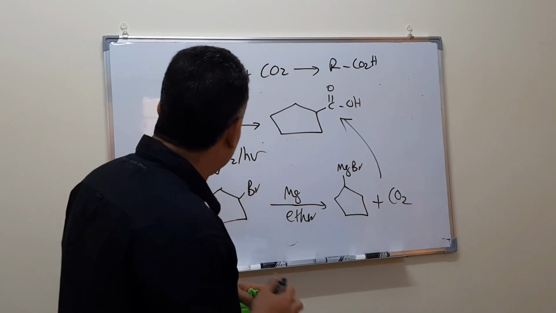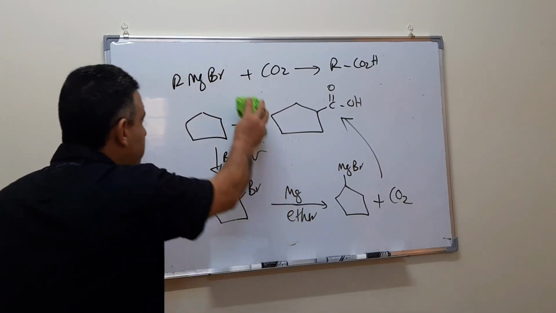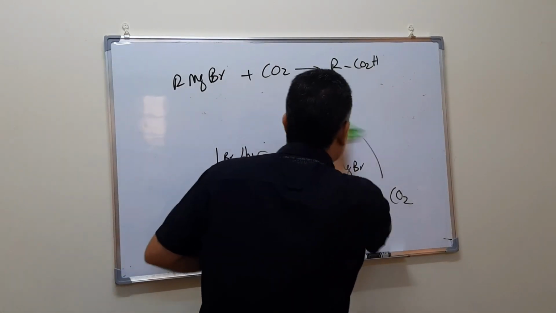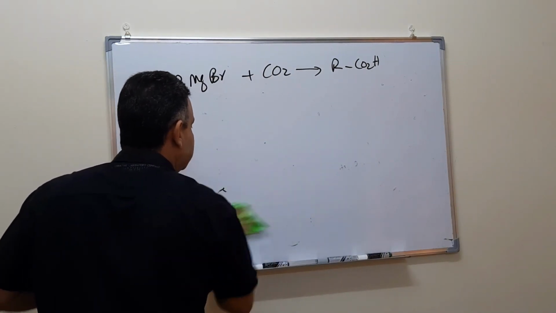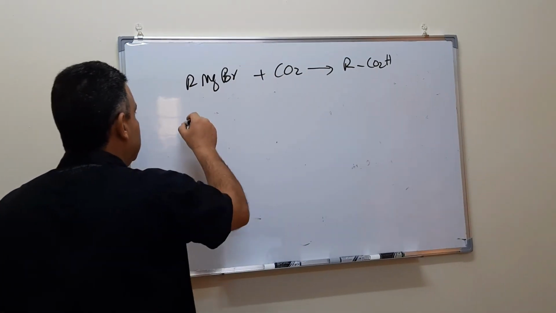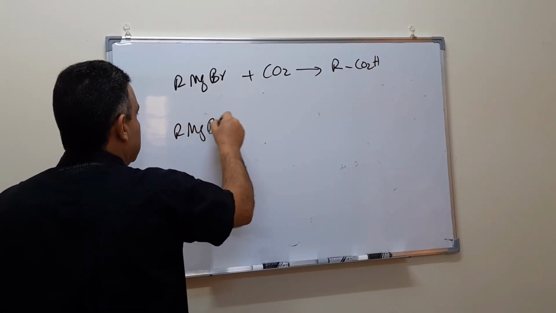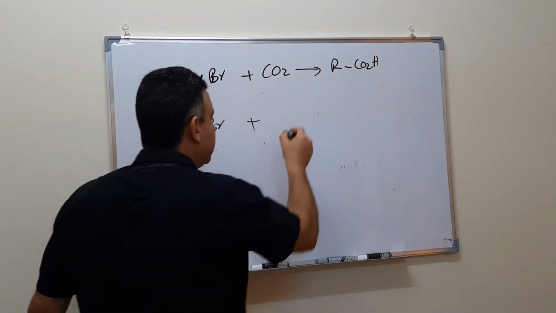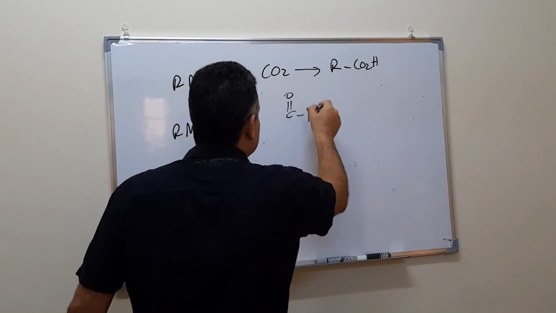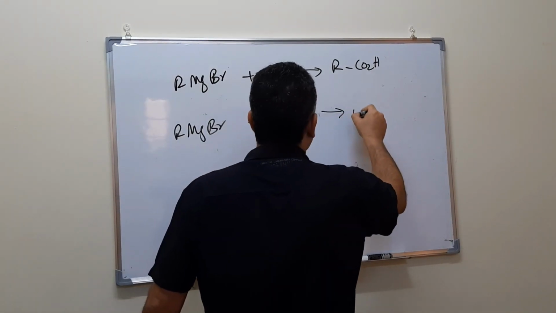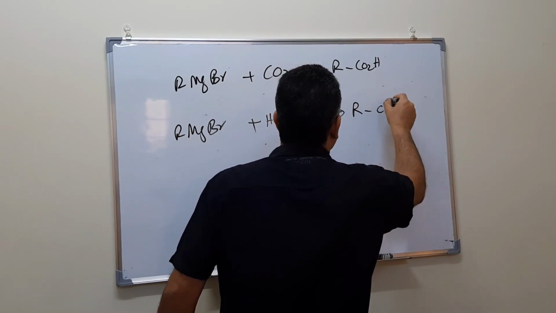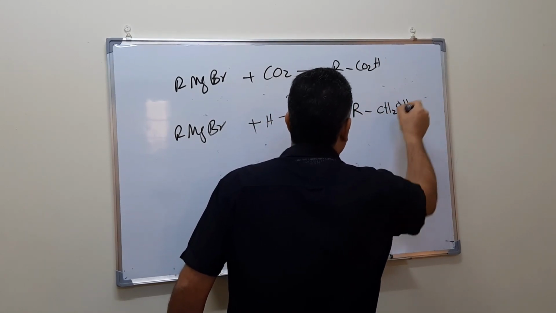I'm just going to erase this if there is no question. So the second reaction: when we allow the Grignard to react with one special type of aldehyde, the simplest aldehyde ever, which is formaldehyde, what we get is RCH2OH.